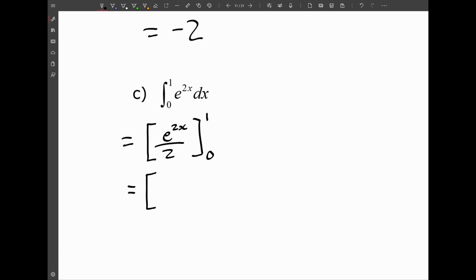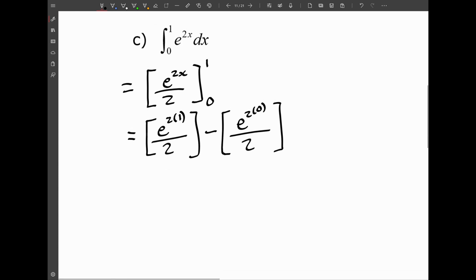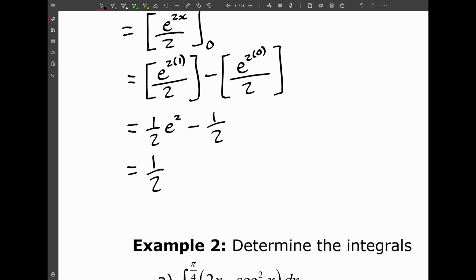So this is going to be e to the 2 times 1 all over 2 minus e to the 2 times 0 all over 2, which gives me 1/2 e squared minus, well, e to the power of 2 times 0 is just e to the power of 0, which is just 1. So this is going to be minus 1/2. Or, if I'd like, I can factor out that 1/2 and make this e squared minus 1.